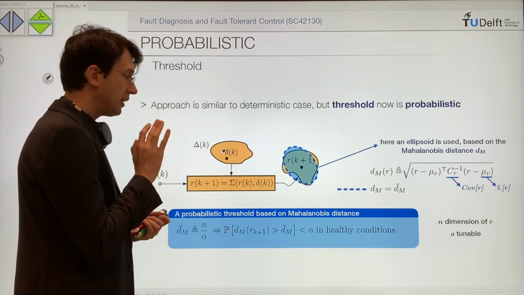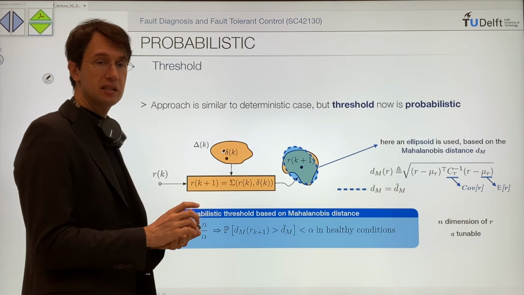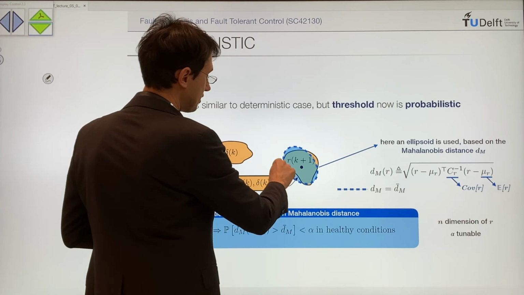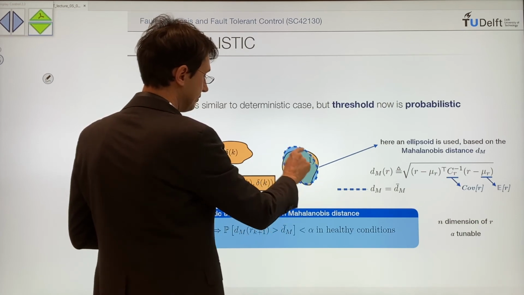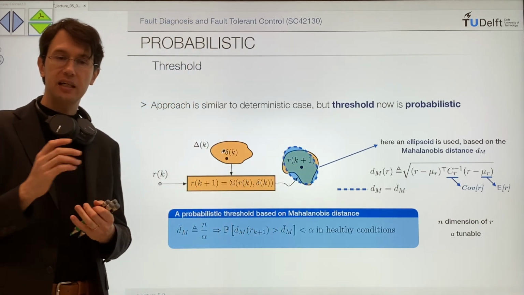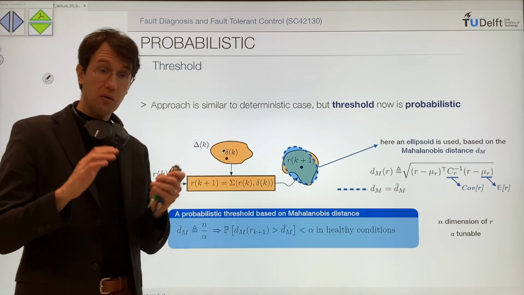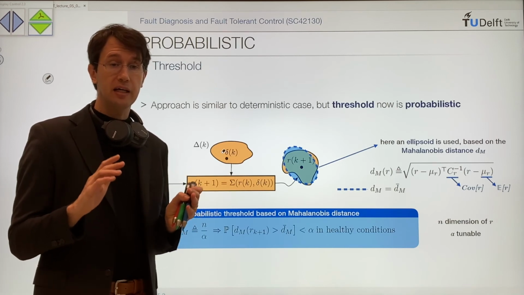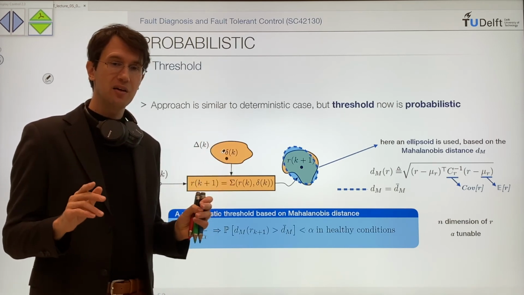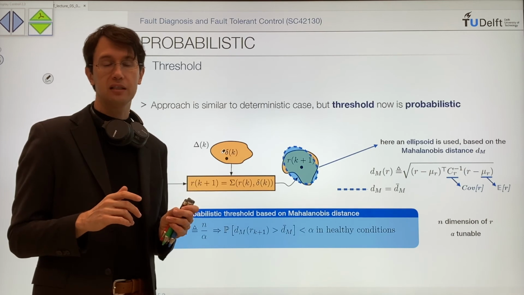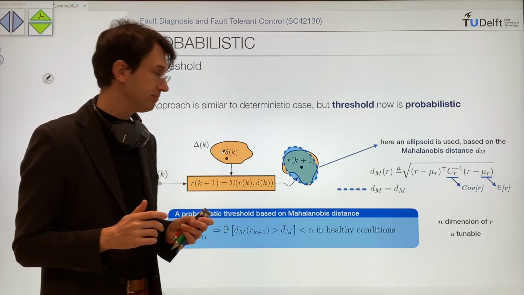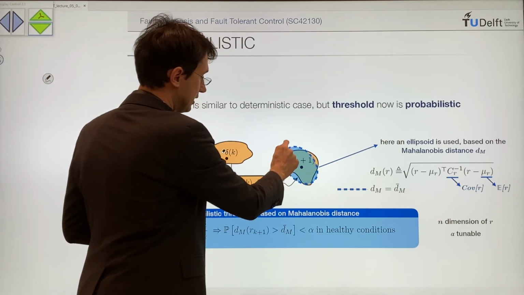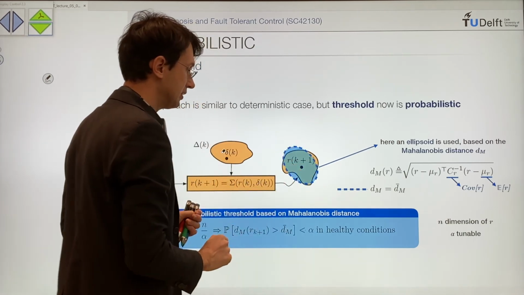And having a threshold based on the Mahalanobis distance, as you can guess, is like trying to approximate this with an ellipse. Because we have seen in the lecture on change detection algorithms that when you define a threshold on the Mahalanobis distance, it's like defining boundaries on your variable that have the shape of an ellipse. And the boundary of the ellipse has constant Mahalanobis distance.